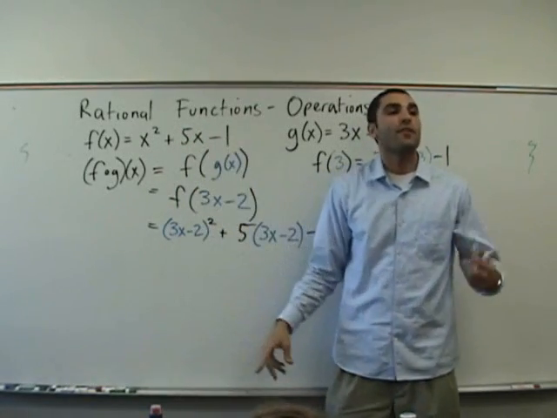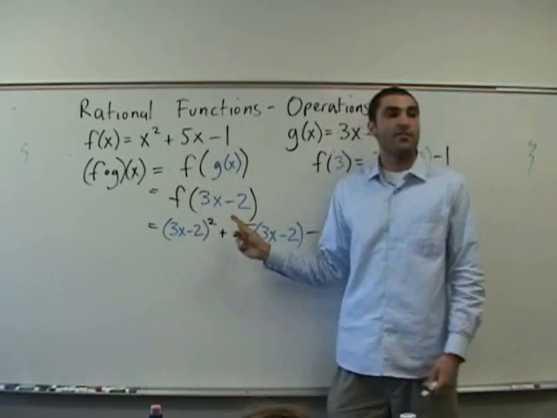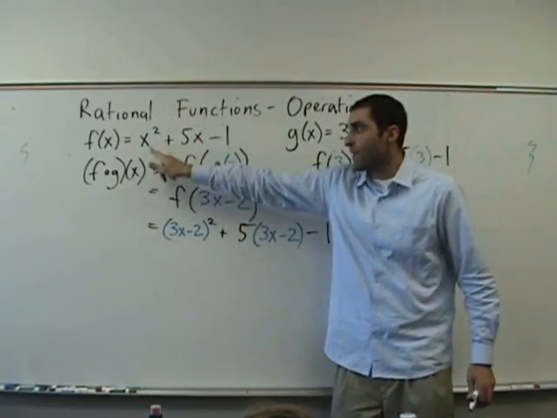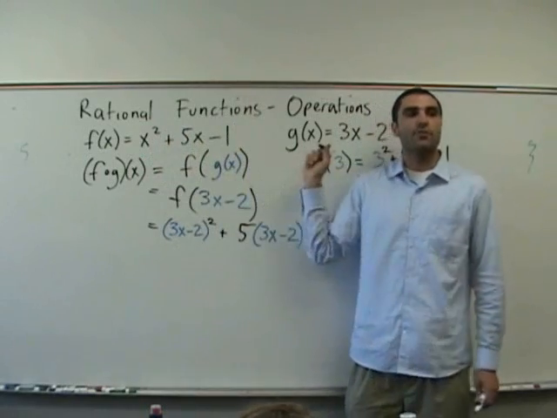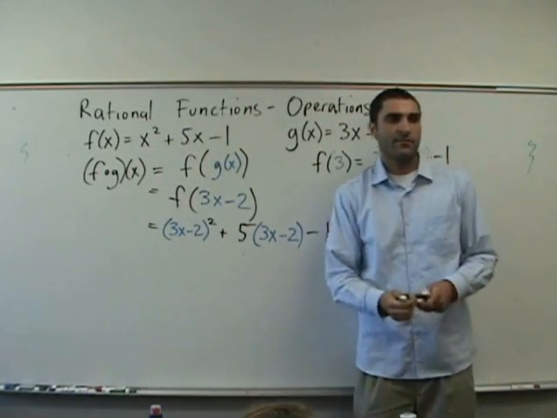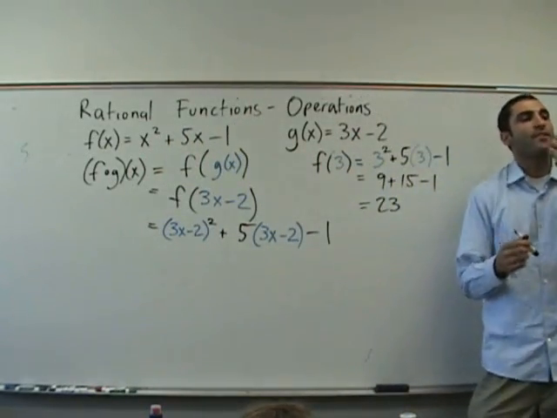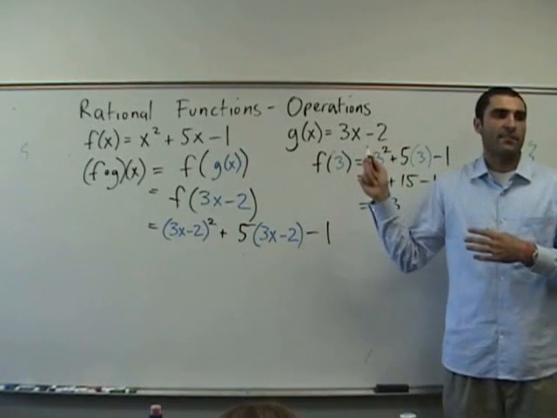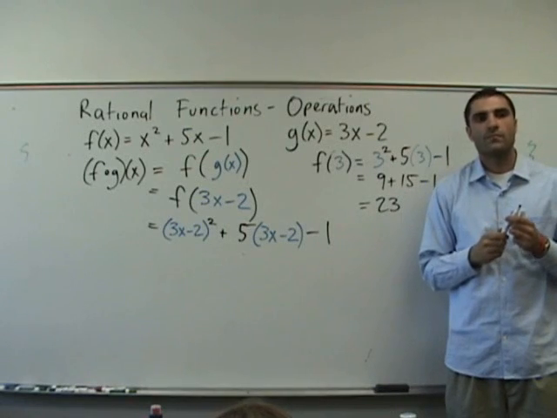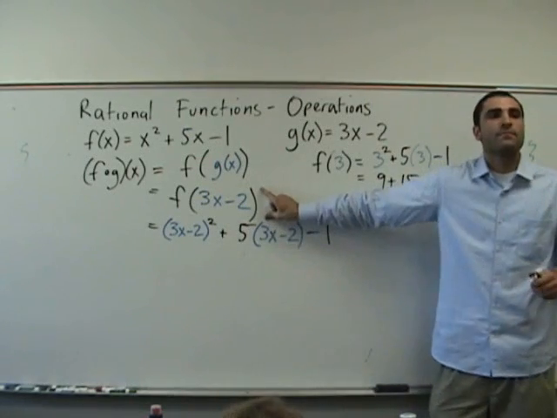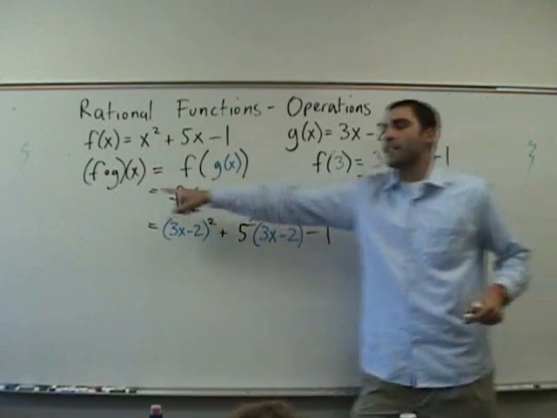So f of 3x minus 2 is 3x minus 2 squared plus 5 times 3x minus 2 minus 1. Whatever you put in your f of, you plug in for x. That's the idea. So you just replace x with whatever's inside here? Yeah, in this case, that's what it's asking for.